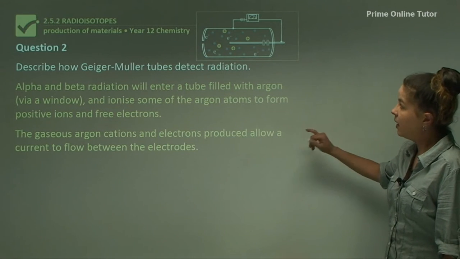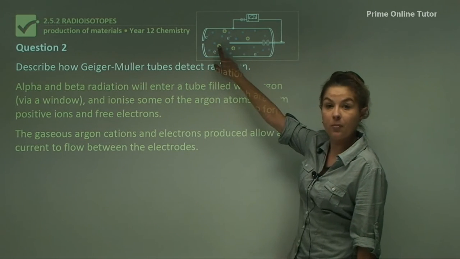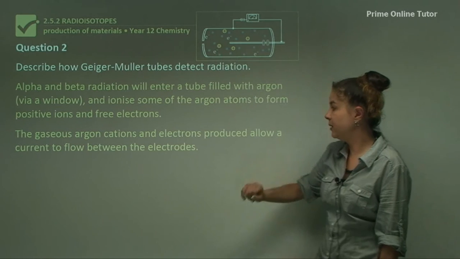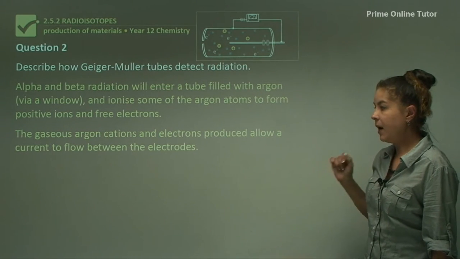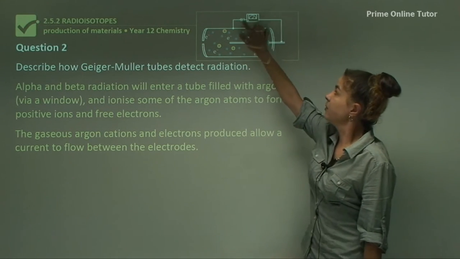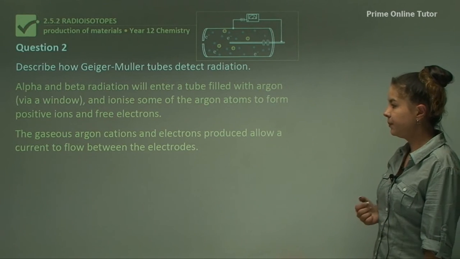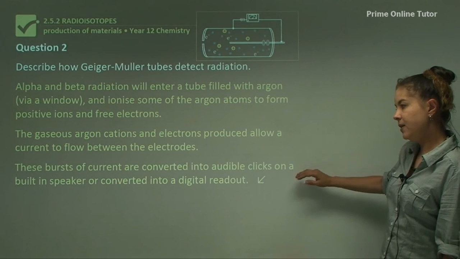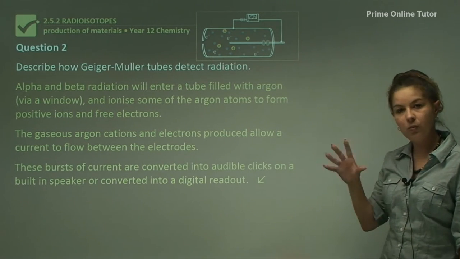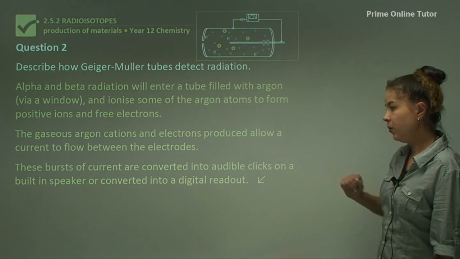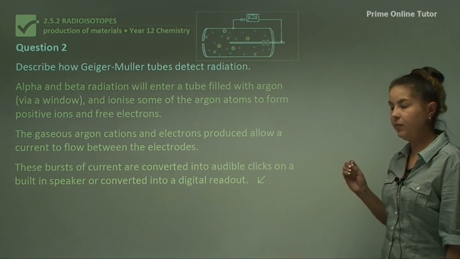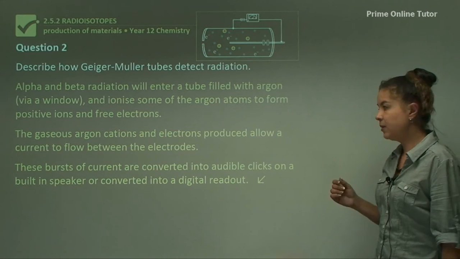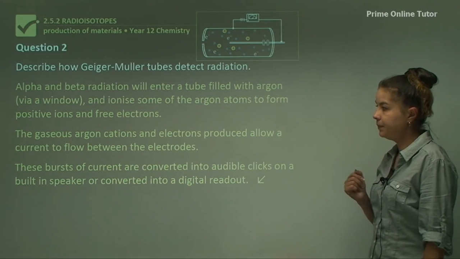The gaseous argon cations, so they're positive now once they've been hit by the radiation, will allow a current to flow between the electrodes up here. And these bursts of current are converted to audible clicks on a built-in speaker, or they can be converted into a digital readout, depending on the type of Geiger counter.